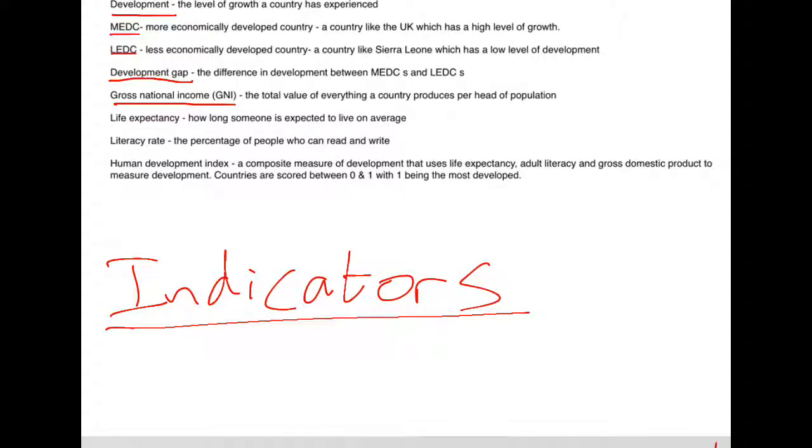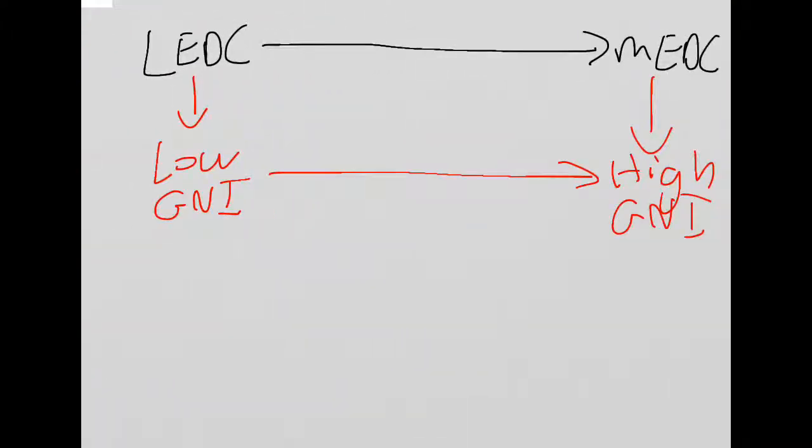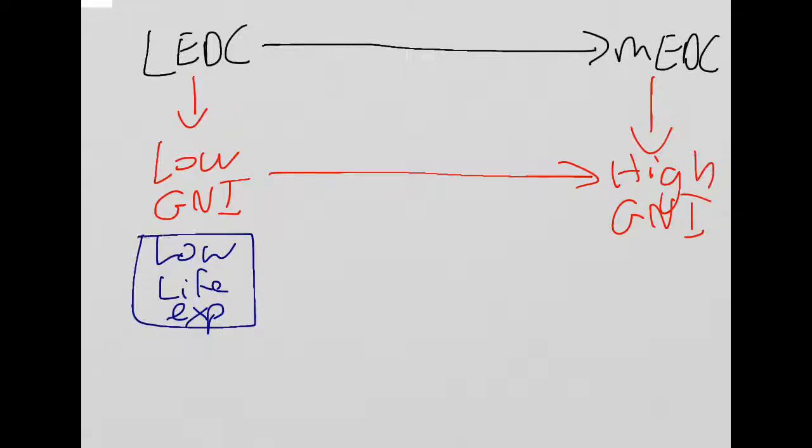Next term, life expectancy. This is how long someone is expected to live on average in a country, and this is an indicator of really the quality of healthcare that's available in a country. If we come down here to our example again, we could say low life expectancy. That's as a result of the poor levels of healthcare available in the poorest countries.